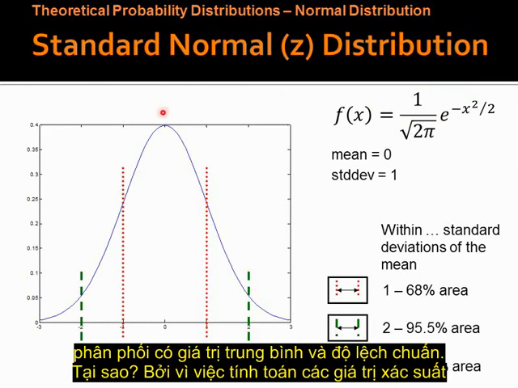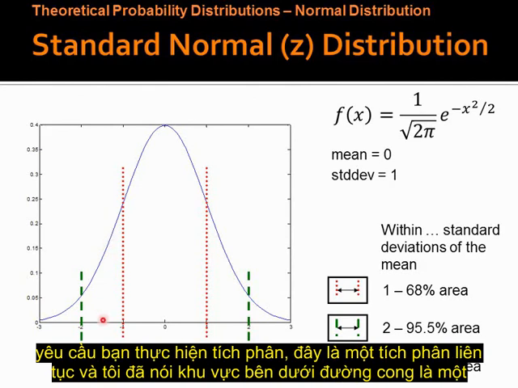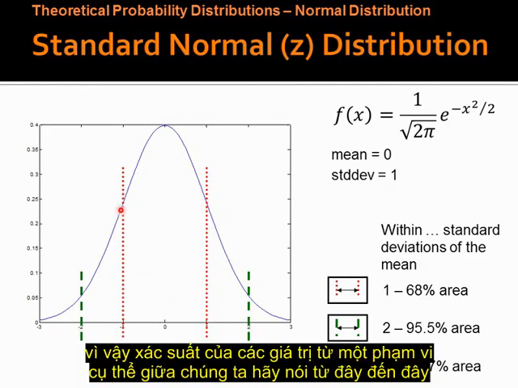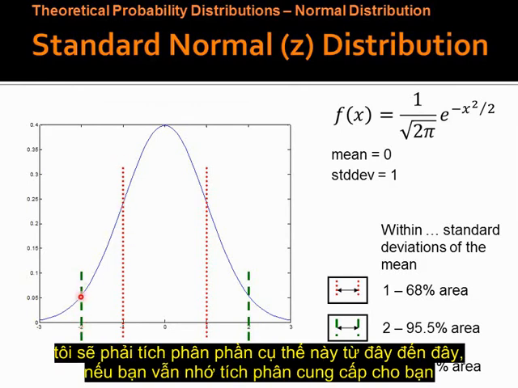Why? Because calculating probability values requires you to do integration. This is a continuous distribution, and I said the area underneath the curve is 1. So for the probability of values in a particular range, let's say from here to here, I will have to integrate this particular function from here to here.